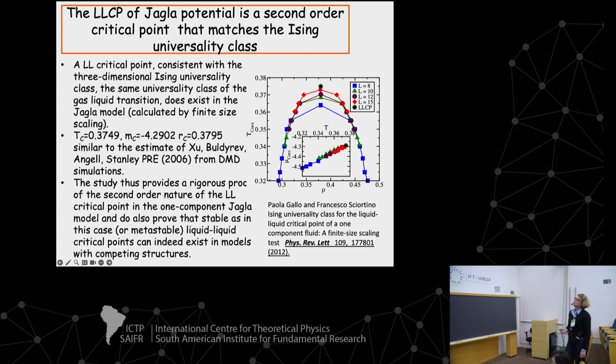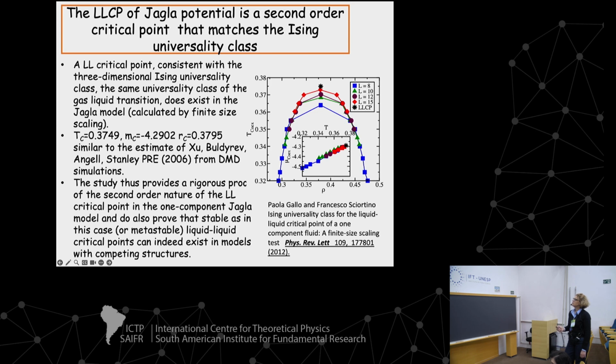As you can see, we did the finite size scaling, and we did the successive umbrella sampling, and this is the typical bell of the critical point, and this is the finite size scaling.